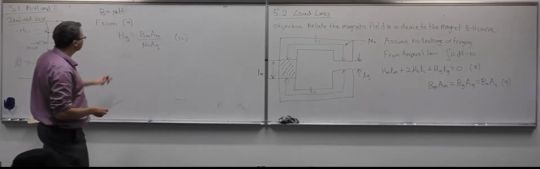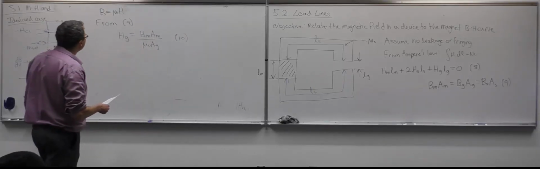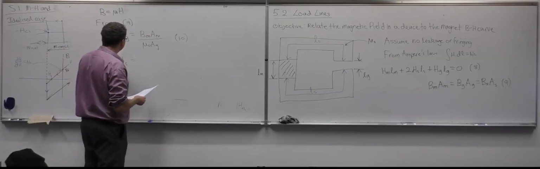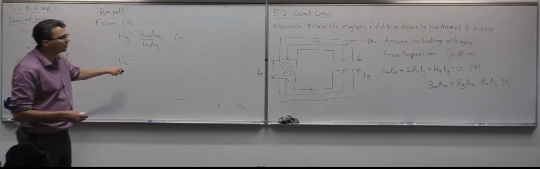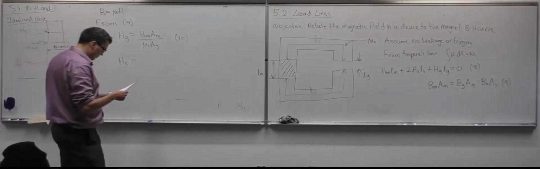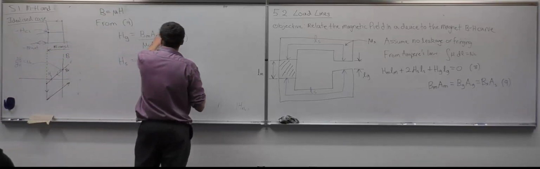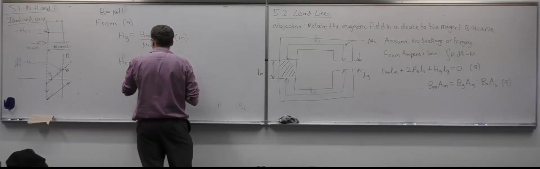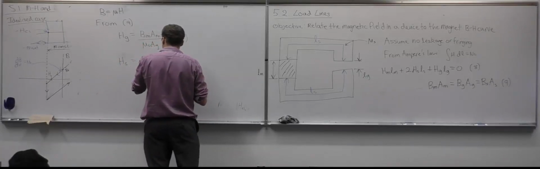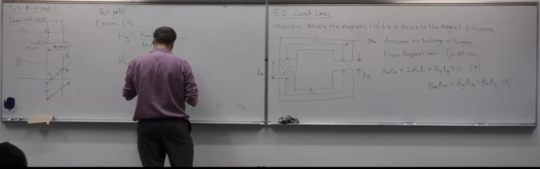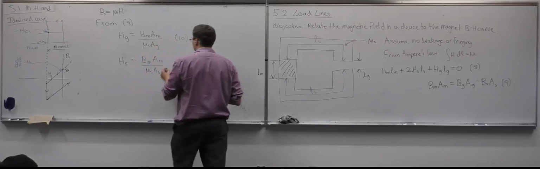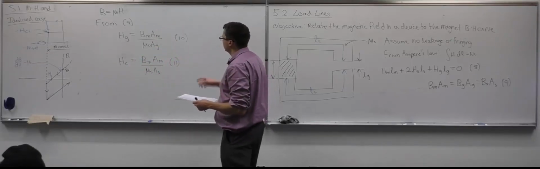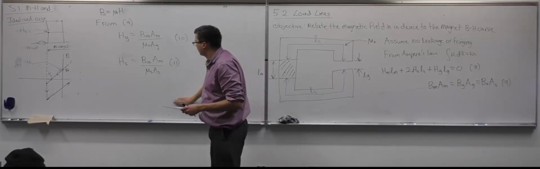Okay, because Hg times mu naught is B. And then we also know that the magnetic field intensity in the steel can be written in terms of the magnetic flux density in the magnet material. So we can write Hs equals Bm Am divided by mu s As, like that. Okay, so we have these two relationships where the right side has Bm in it.